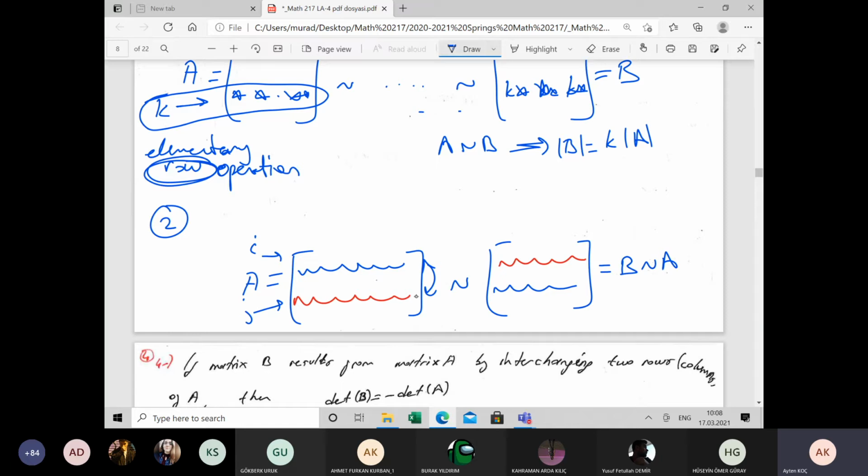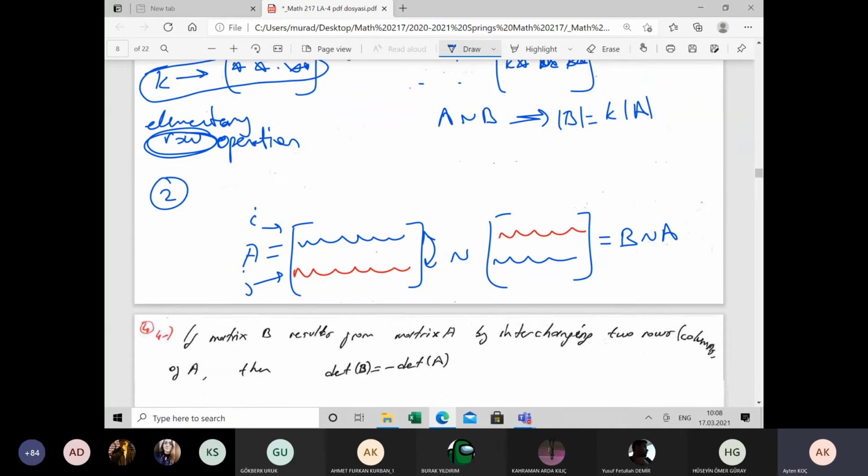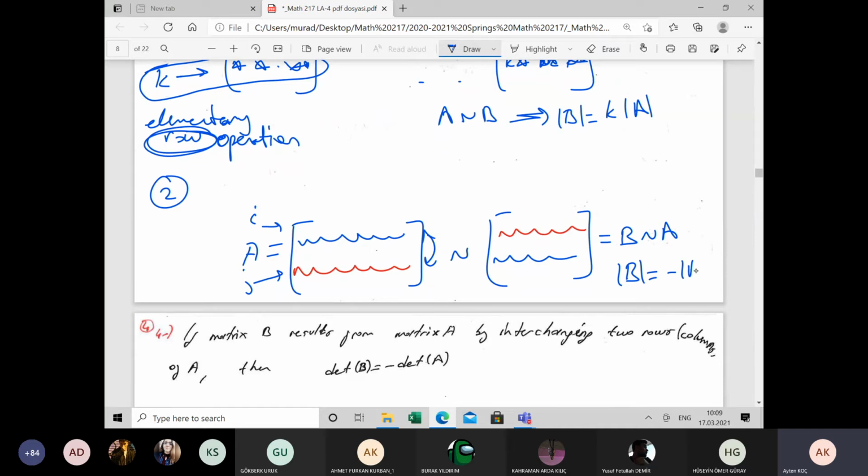We claim that the determinant of B is equal to minus the determinant of A. The reason: use row expansion to compute the determinant of A, with the sign of position. Row i and row j give the same expansion, but for the determinant of B we use row j expansion where row i expansion is used for A. So we obtain this.